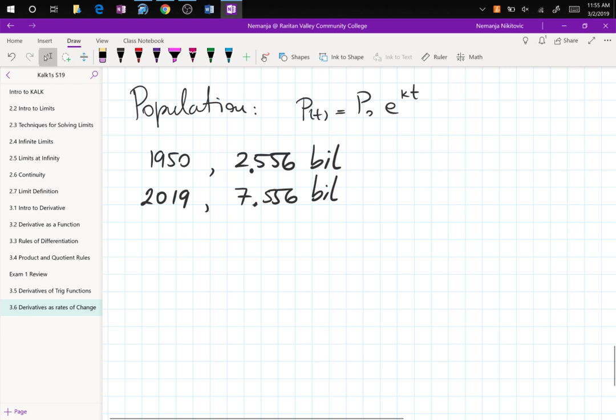You would say, oh, but from 1950 to now was 70 years to add 5 billion, so I'll just wait another 70 years and add 5 billion. No. That's not how exponential models work. You are not going to be at 12.5 billion in the next 69, 70 years. That would be way over.